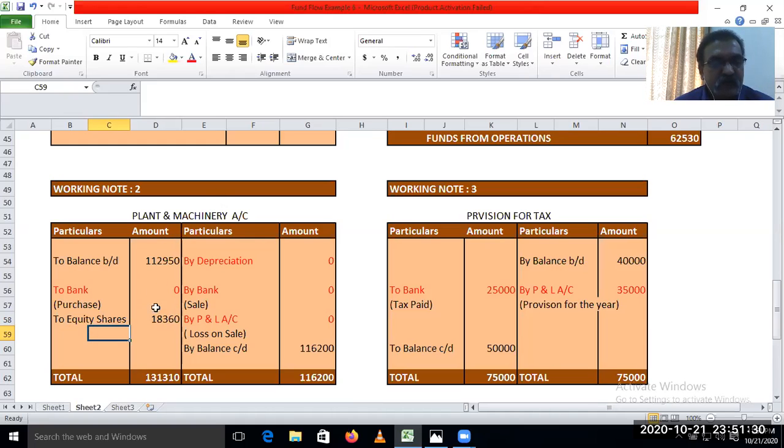So machinery came in of rupees 18,360, but the corresponding credit has been given to share capital account because it has been purchased by issuing shares. So I have written here as 2 equity shares, but while preparing the fund flow statement, we are going to consider this one as a purchase of new machinery only. Only the thing is that it has been purchased by way of issuing shares.